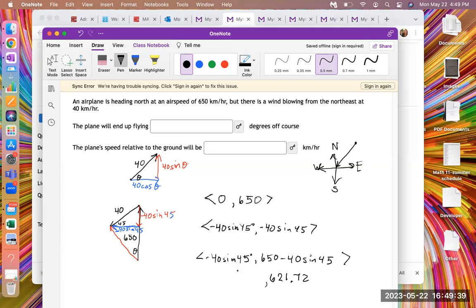And then now I just calculate negative 40 times cosine of 45, and that gives me negative 28. So that's my resultant vector.